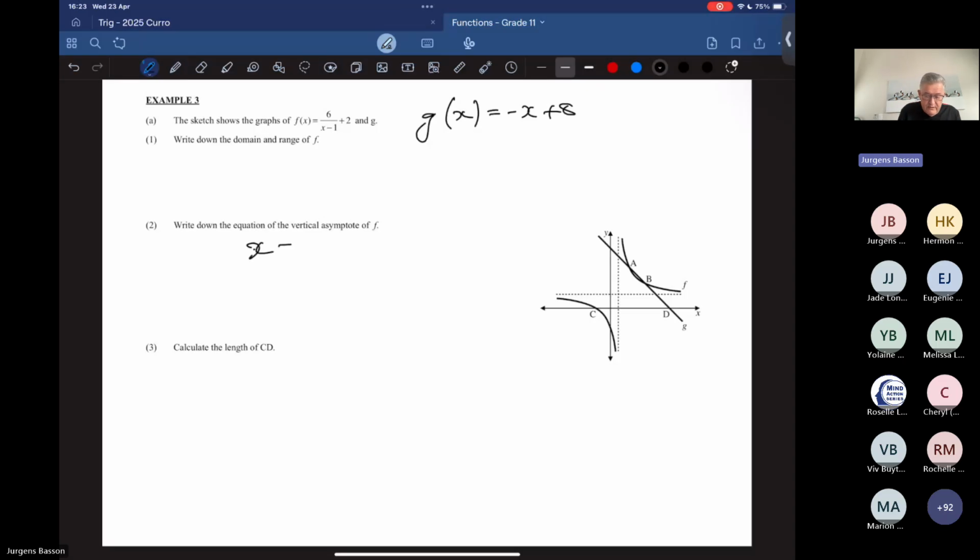The vertical asymptote, I think, is x equal to 1, and then they want the length of CD. Those are x-intercepts. So point C is the point (-2, 0) and D is the point (8, 0). They ask us for the length of CD, and that will be 10 units, the 8 plus the 2.